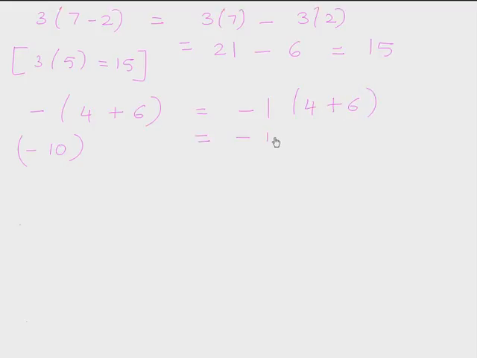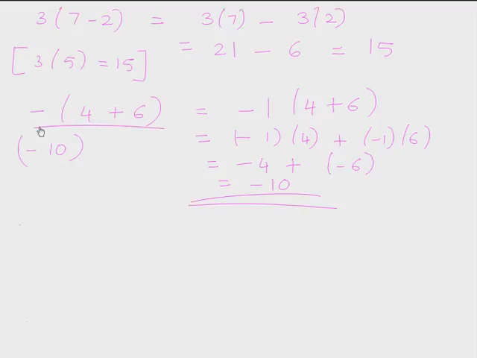So it becomes minus 1 times 4 plus minus 1 times 6, which is minus 4 plus minus 6, which is minus 10. So the minus sign gets distributed because the minus sign is simply multiplying by minus 1. So I distribute it across all terms in the brackets. This is an important example because often students are confused with the minus sign outside the brackets.